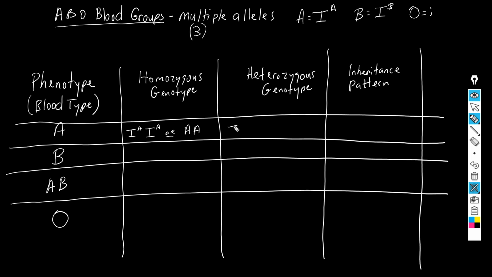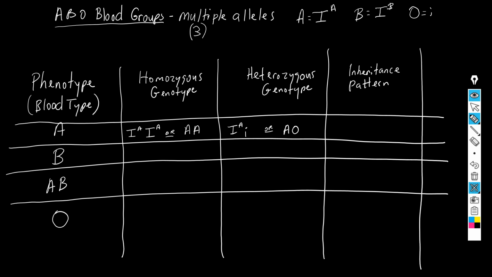Heterozygous genotype. That would be capital I^A, little i. So it's heterozygous, so it's different or mixed. And so you could put capital I^A, lowercase i, or you could put AO.